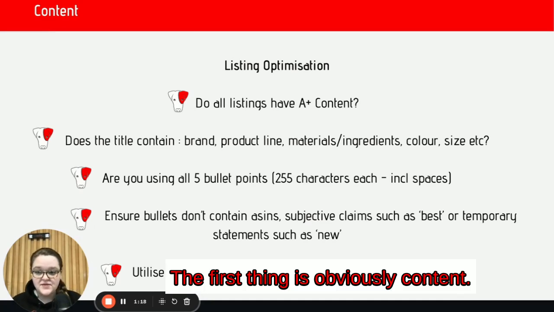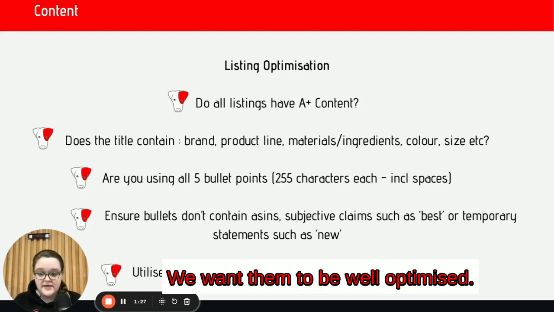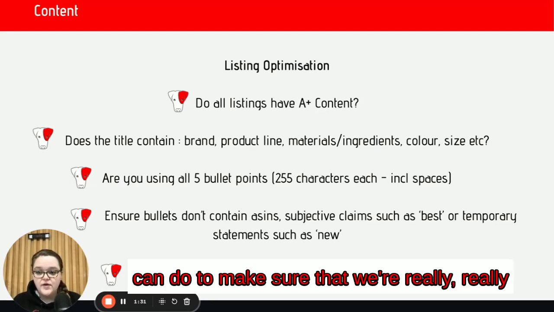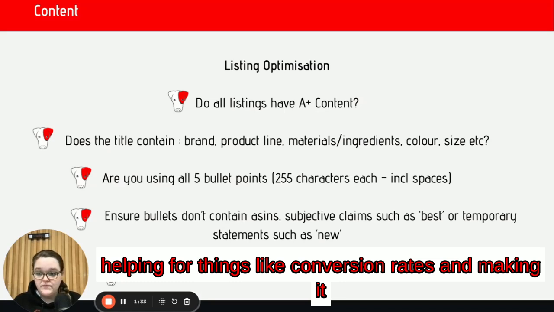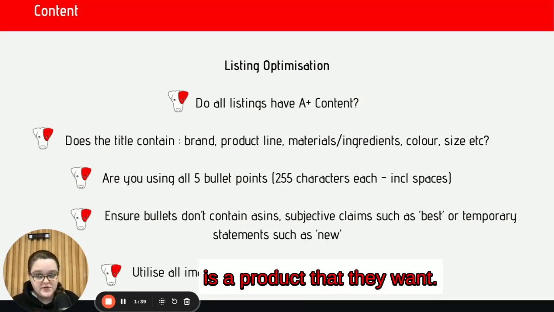The first thing is obviously content. We want our listings to be ready. We want the listings to look nice. We want them to be well optimized. But there's a few things that you can do to make sure that we're really helping with things like conversion rates and making it really easy for the customer to decide whether this is a product that they want.